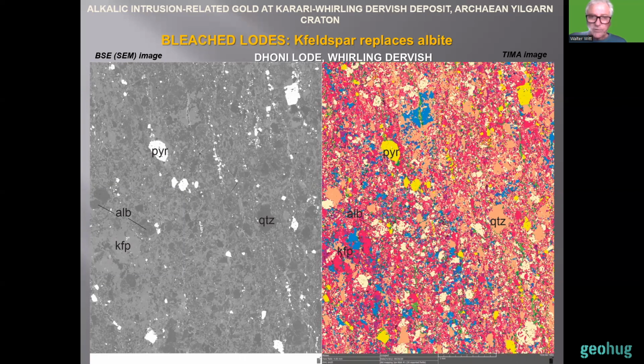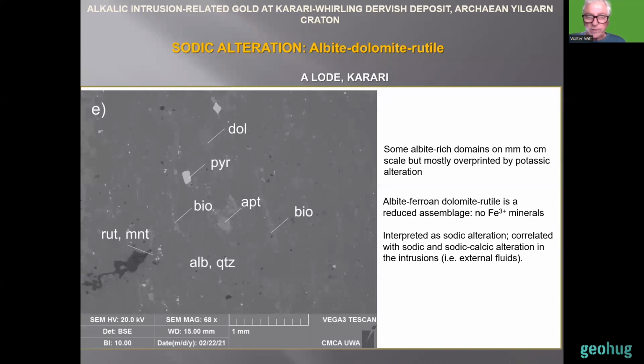In fact, it's very difficult to isolate a sizable domain of that sodic alteration represented by the albite, but there is one shown here, where the sodic alteration assemblage is considered to be albite, ferroan dolomite, and rutile. This is overprinted by biotite stringers in the image on the left, and there's also some relic igneous apatite in there.